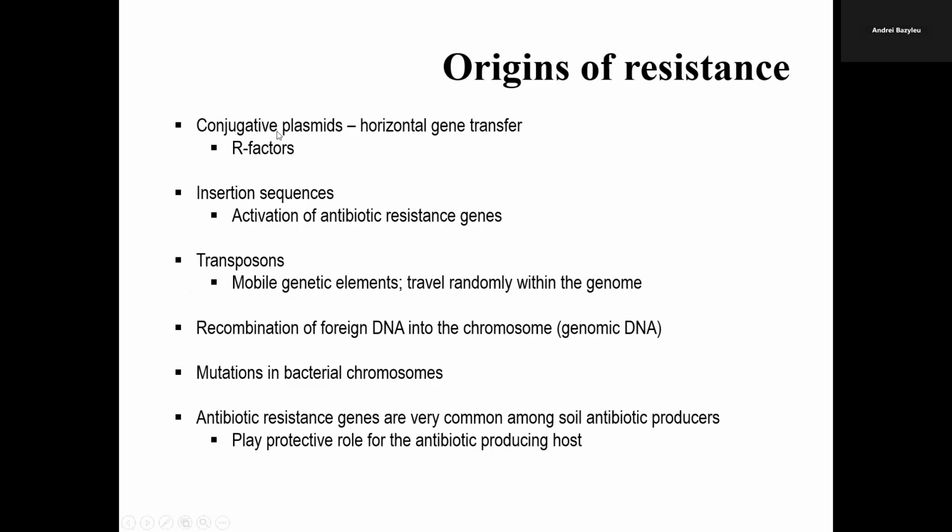They're primarily plasmids, especially the conjugative plasmids, the ones that are capable of replicating themselves and passing themselves to the cells next to them, so to say, right? We'll talk about what horizontal gene transfer is later. I don't want to overwhelm you right now with this. So what are the major origins?